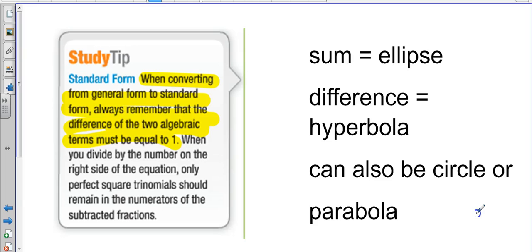Like an x squared and a plain old y, or a y squared and a plain old x. How would you know it's a circle? The squares added and they equal. Perfect. Both squared, added together like an ellipse, right? But the coefficient is either the same or it's both 1 when you divide it out, whichever. But it's not stretched further one way than the other. Okay? All right.